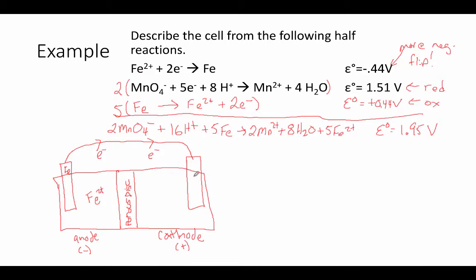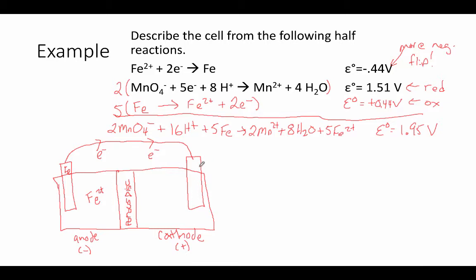And so then the other electrode, if I go look here, I don't have any solids. Permanganate's an ion, electrons are electrons, H plus is an ion, Mn2 plus is an ion, and water's a liquid.